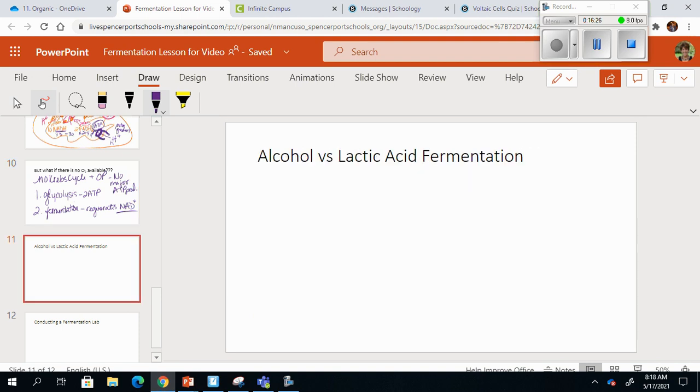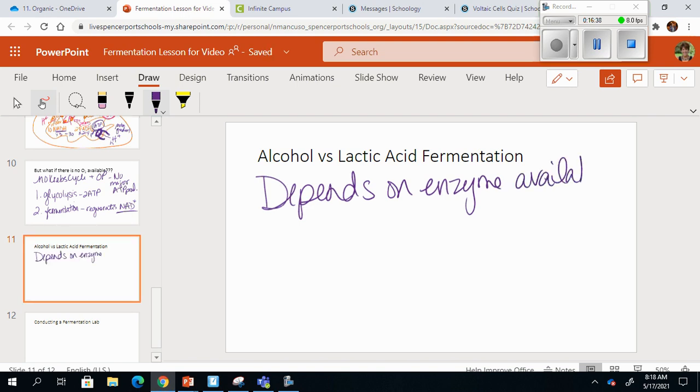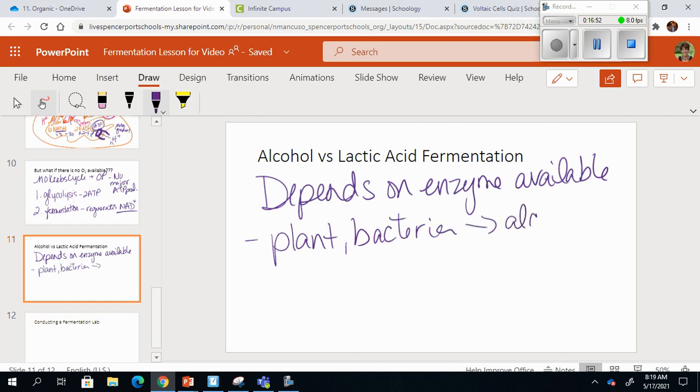All right, and then alcohol versus lactic acid fermentation. So this depends on the enzyme available. If you have, let's say, a plant or a bacteria, they typically do alcoholic fermentation.